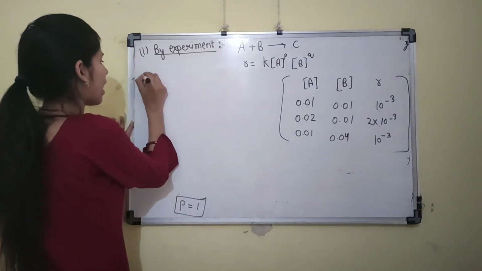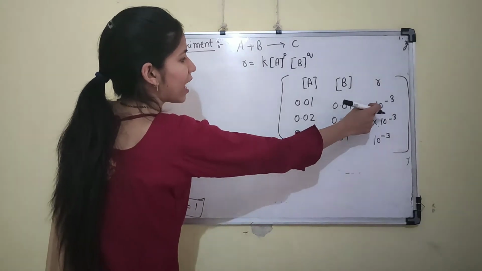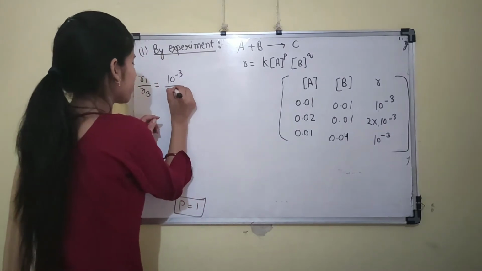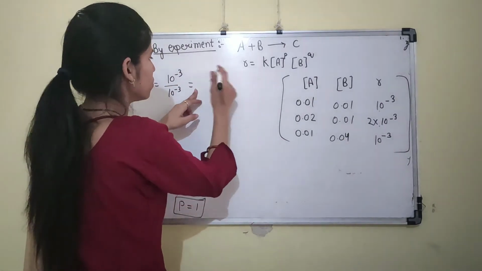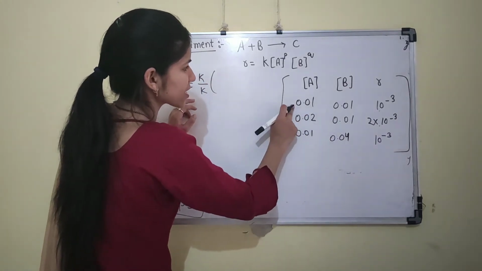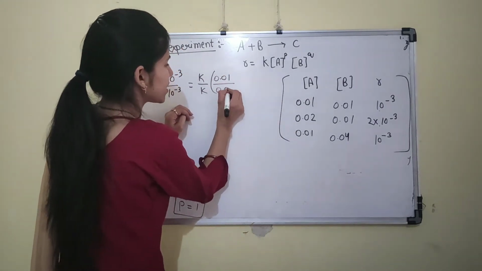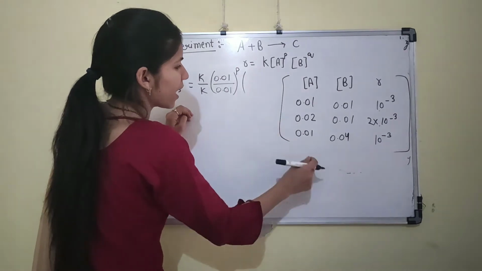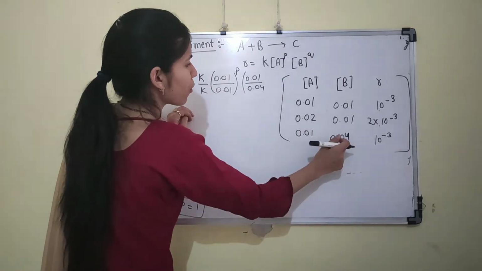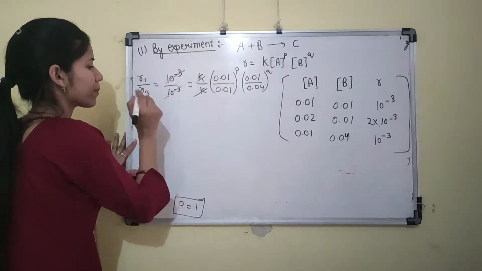Now R1 divided by R3. So R1 is 10 to the power minus 3 divided by 10 to the power minus 3, and this equals K A, this is 0.01 divided by 0.01 raised to the power P and 0.04 raised to the power Q, and K will be cancelled out and 10 to the power minus 3 will be cancelled out.